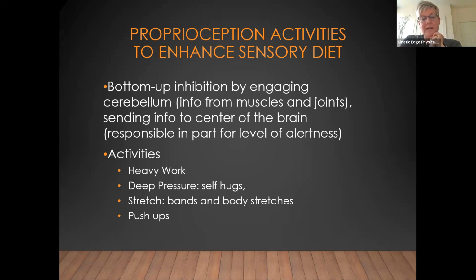That can be helpful. And then push-ups. I mentioned chair push-ups a little while ago, but also doing wall push-ups, those types of things. Maybe you're waiting in line out in the hallway, and you could incorporate some wall push-ups while you're waiting. Helps kids keep their hands to themselves, and gives them some of that endorphin release.